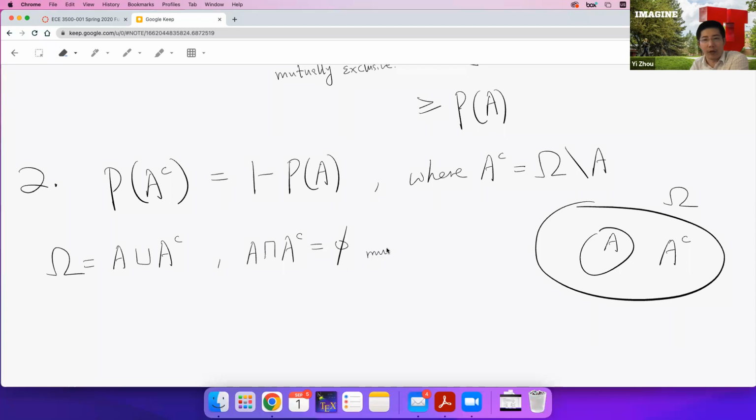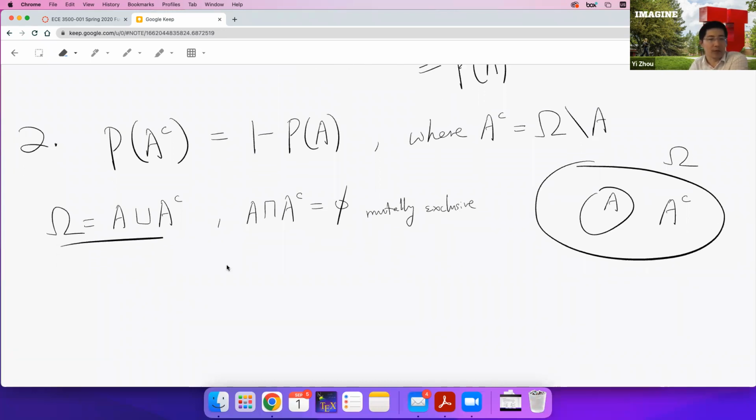Now we can write 1 equals P(omega), by the probability axiom.